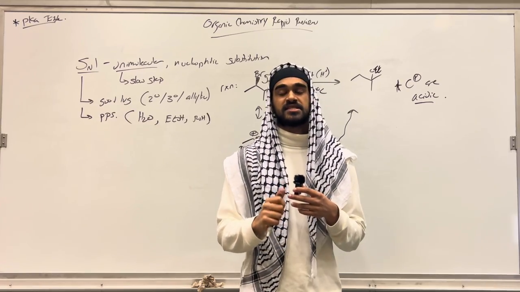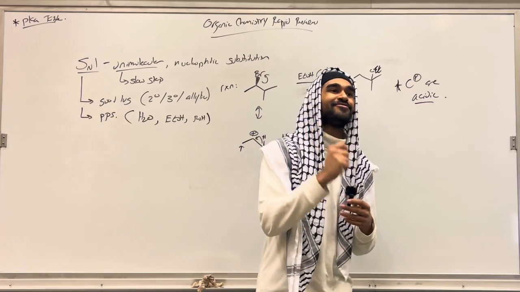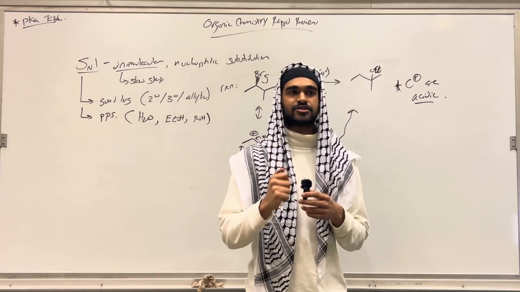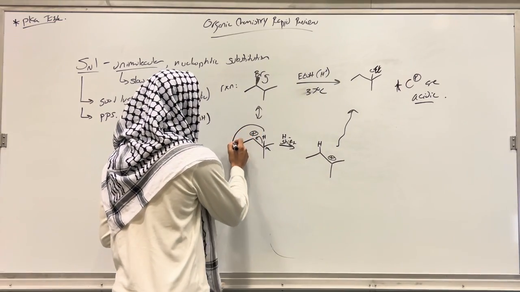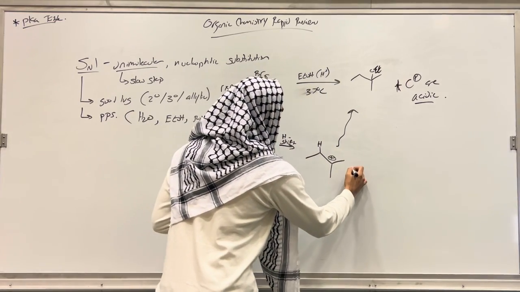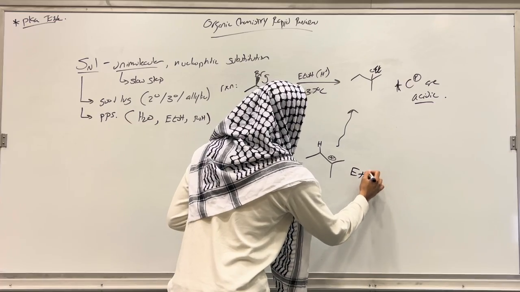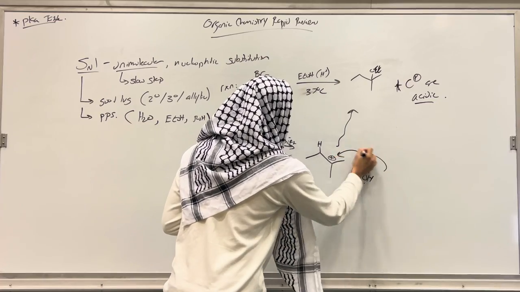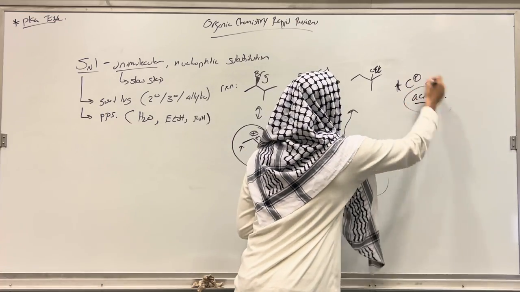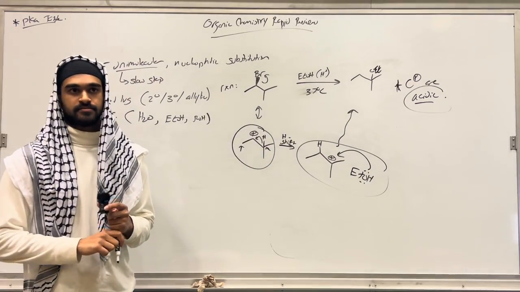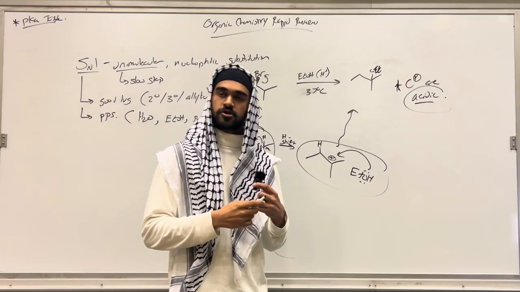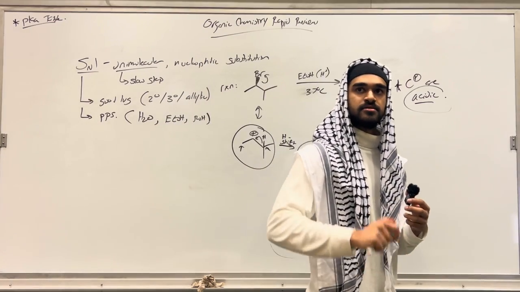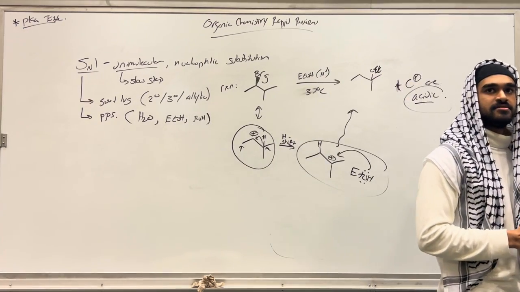The Lewis theory states that anything that is electron deficient and accepts electron pairs is acidic. So acidic conditions are favorable for carbocation reactions, which makes perfect sense.